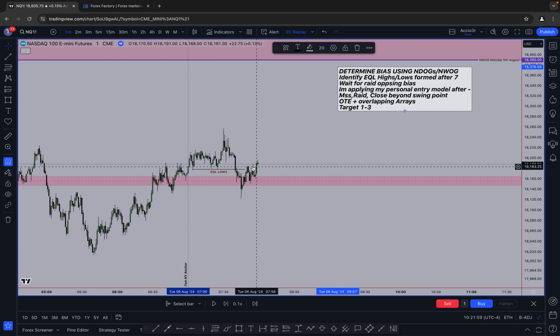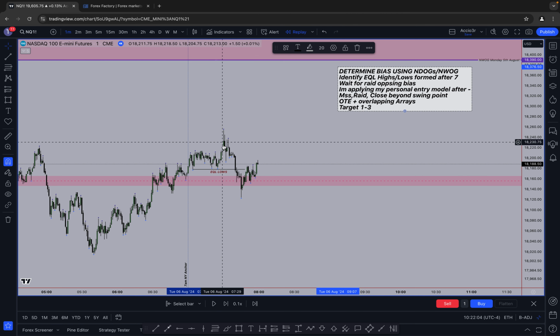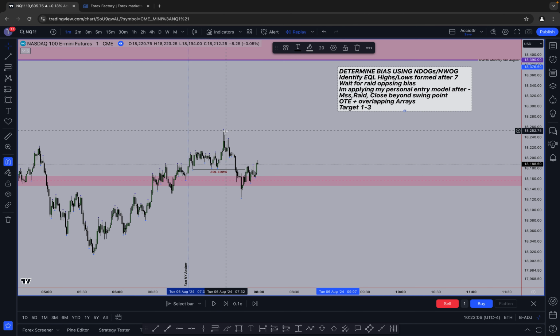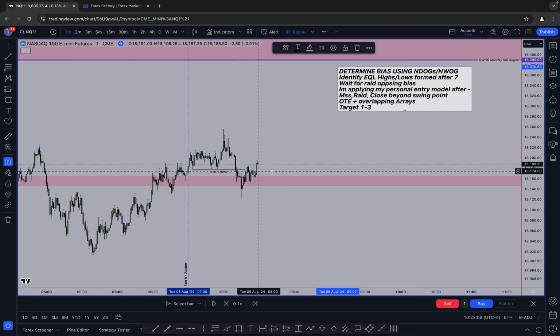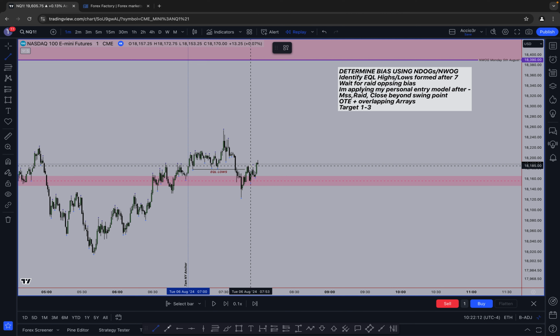And we've got our market structure shift here. So I know a lot of people would classify a market structure shift as a break of the high that broke the low. But personally, I just like to use any swing high that's been created, and if the candle's body closes above it, I personally like use that.